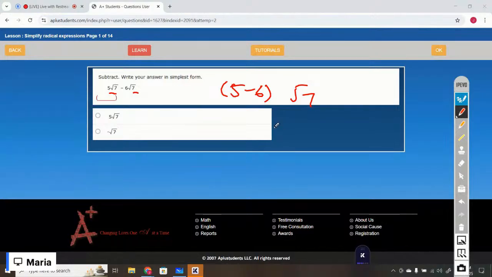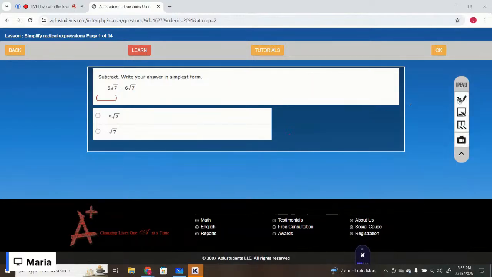So 5 minus 6 is negative 1 square root 7, or you can write negative square root 7. Option number 2.